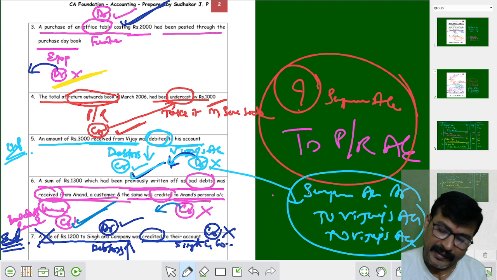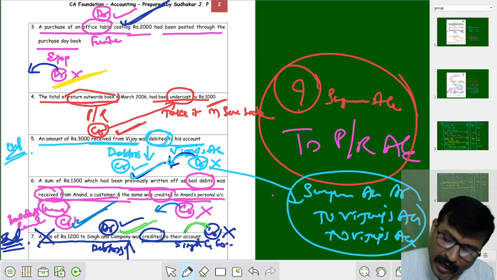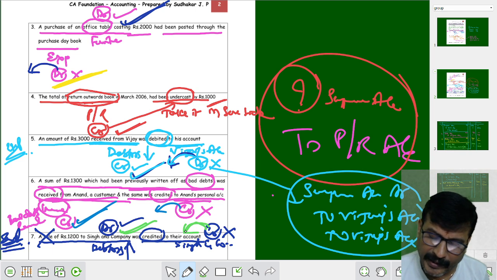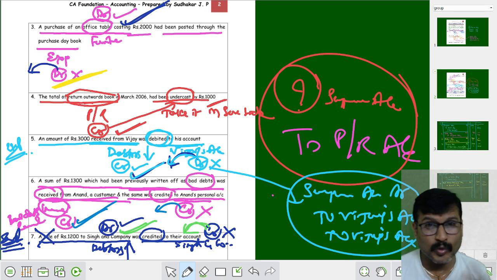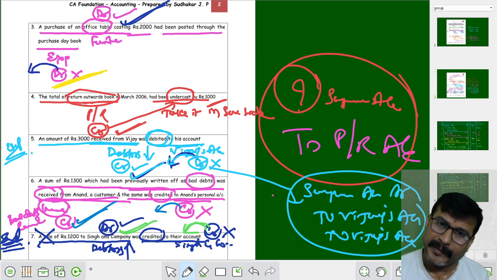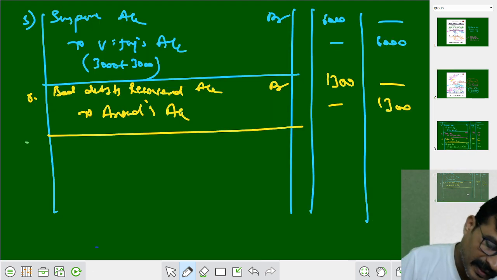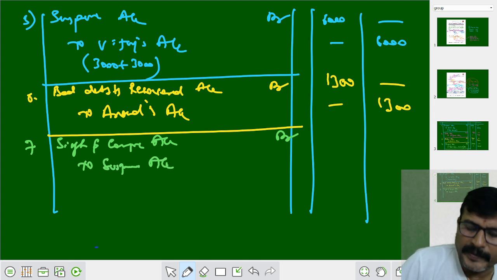Keep the correct in the same place. Shift the wrong to the opposite place. When it is a wrong credit, where is it to be taken? It is to be taken to the debit side. Then how many debits? 2 debits. Singh and Company account debit, Singh and Company account debit, to suspense account.